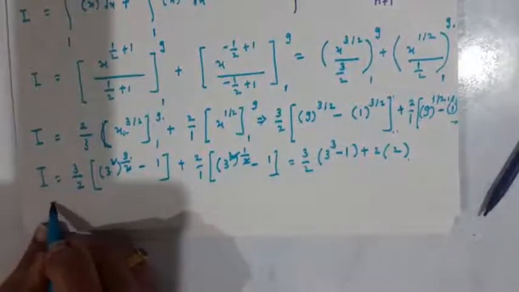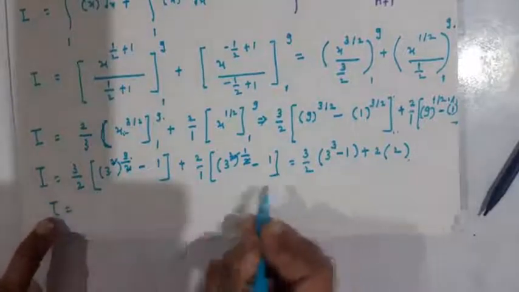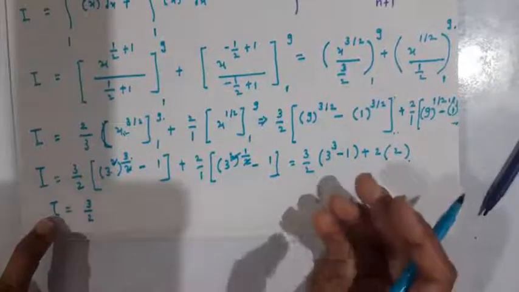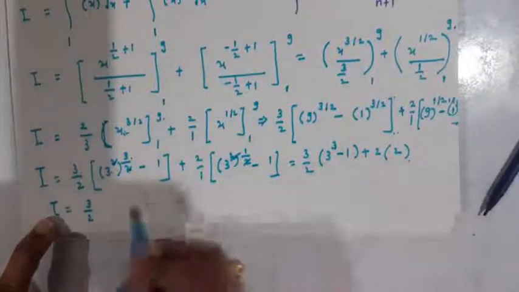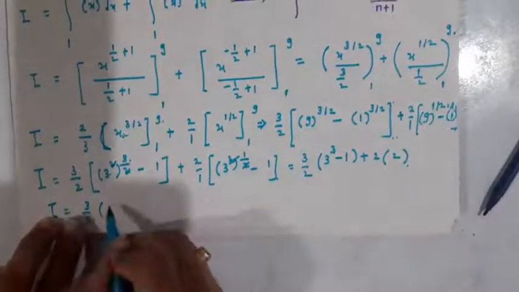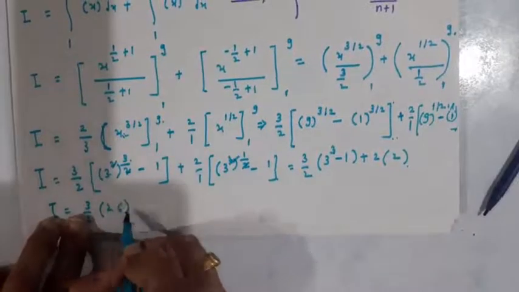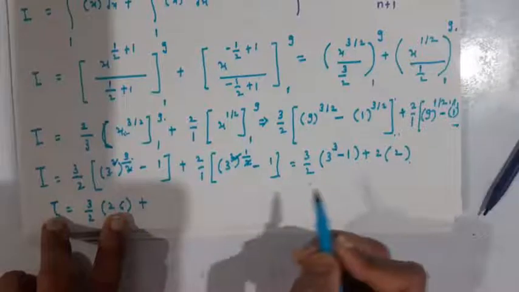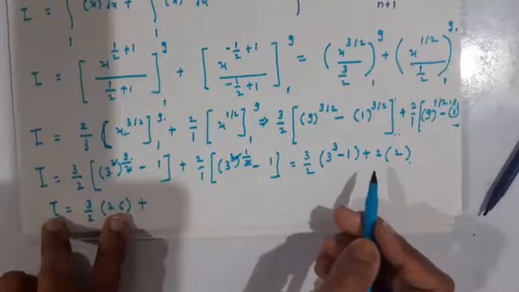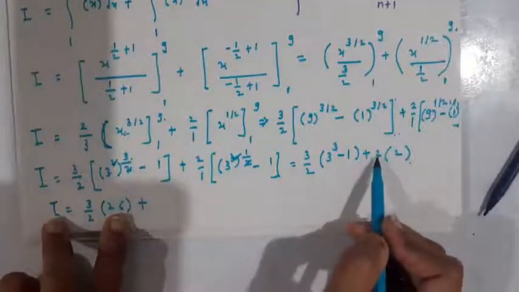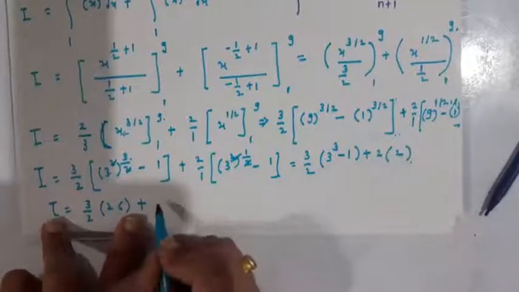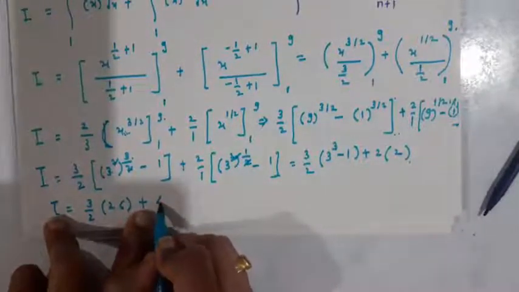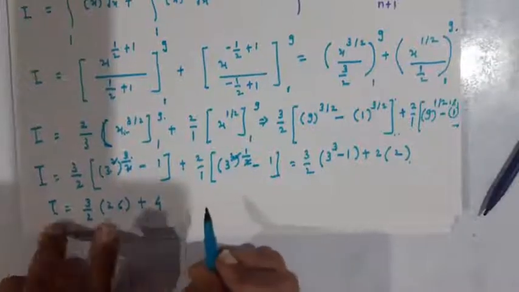Integration I equals 2 by 3 into 26, 3 3s are 9, 3s are 27 minus 1 is 26, and plus 2 into 2, that is 4.